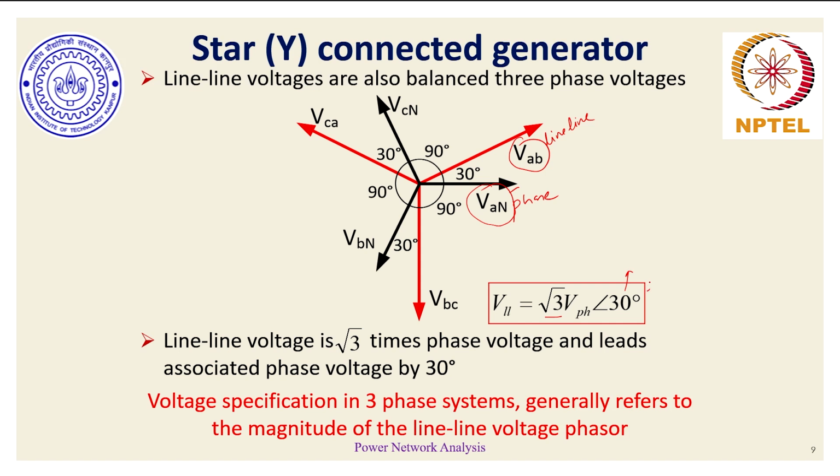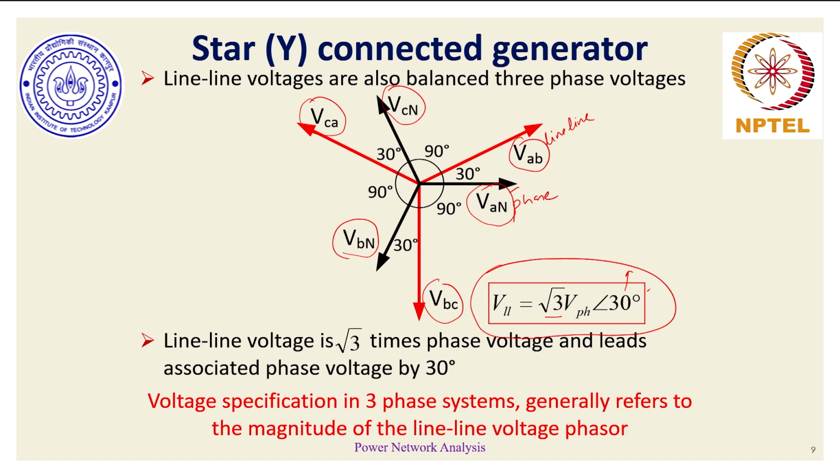The same applies for VCA and VCN, and for VBC and VBN. So to summarize, the line-to-line voltage is √3 times the phase voltage magnitude, and it leads the phase voltage by 30 degrees.